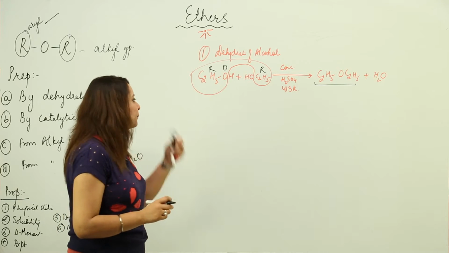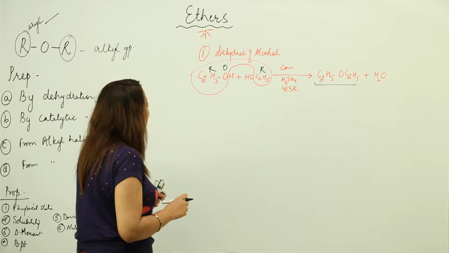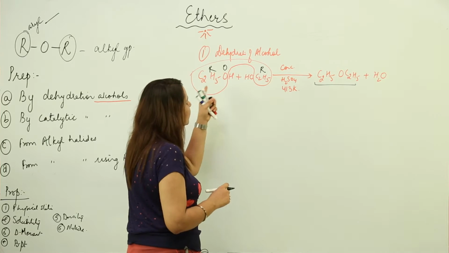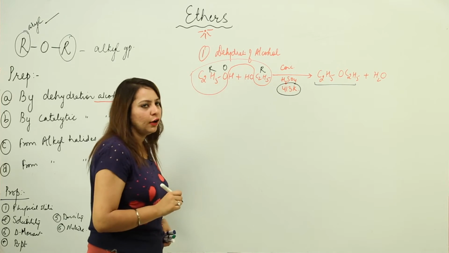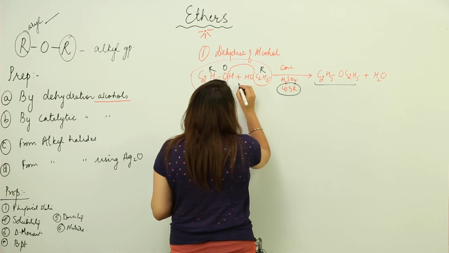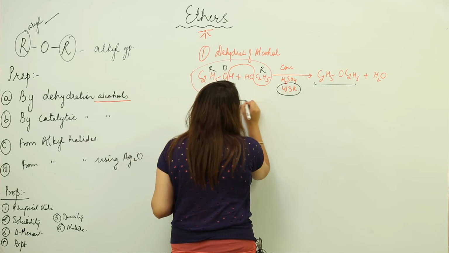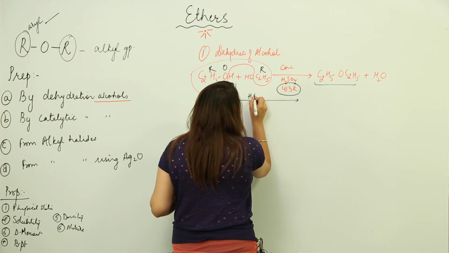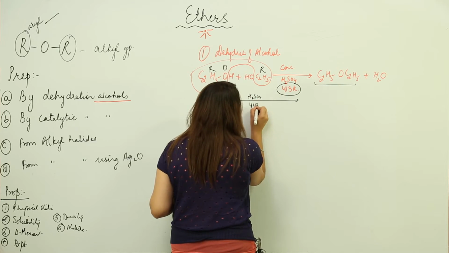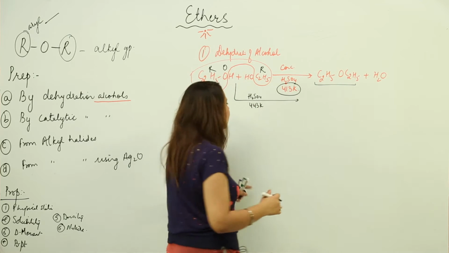Now, in this kind of reaction, we need to take care of the temperature. What will happen if the temperature exceeds this, approximately 443 Kelvin, or higher than 413 Kelvin?